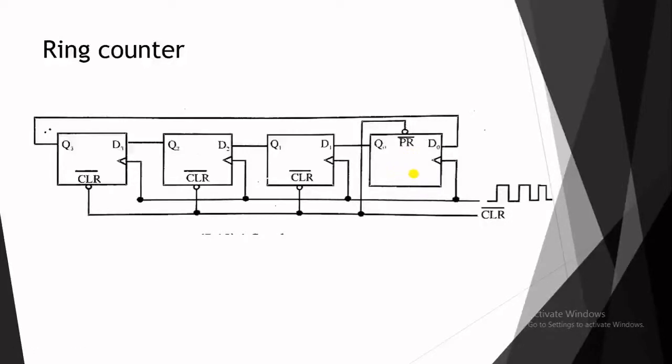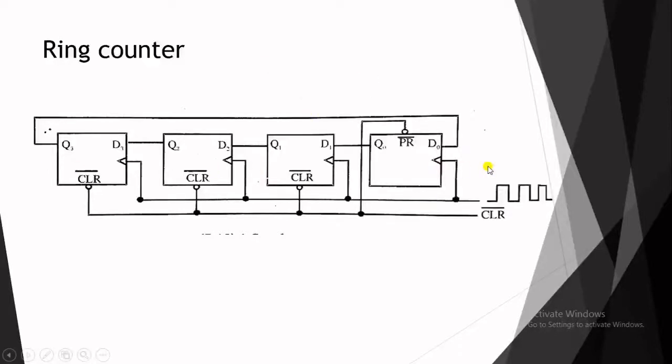So the initial output of the counter is set to 0 0 0 1. The first flip-flop is connected to the preset, so its output is 1 and the other flip-flops' outputs are 0. Now let's see the working.